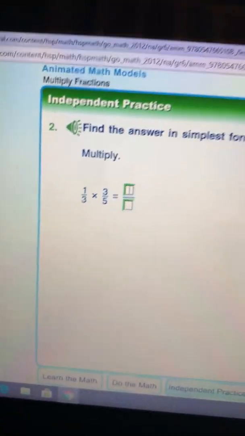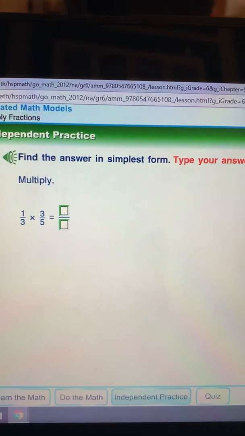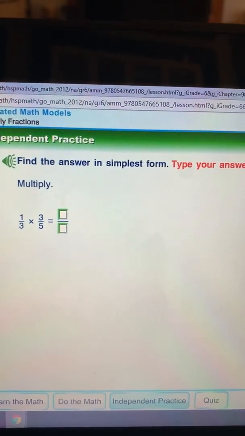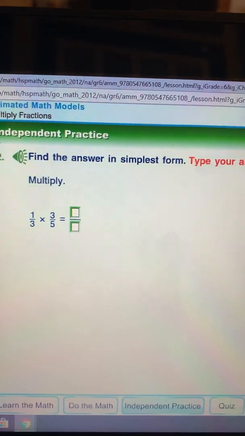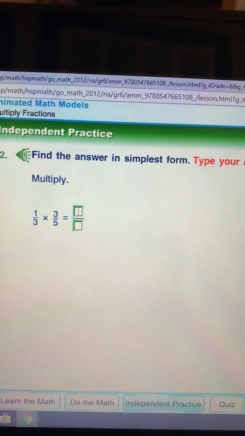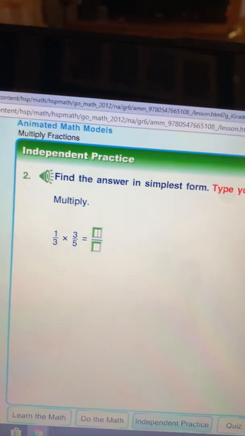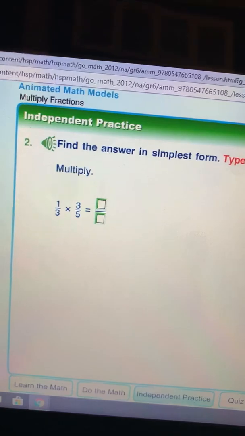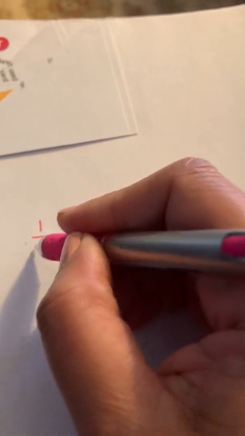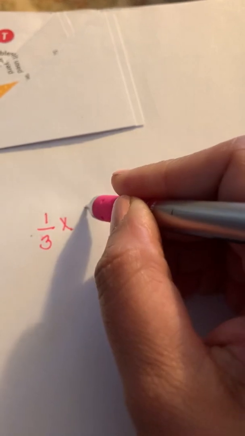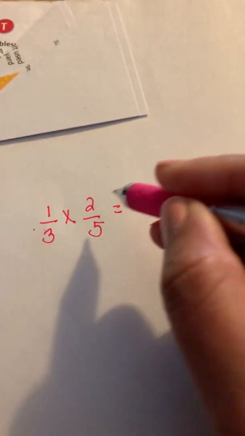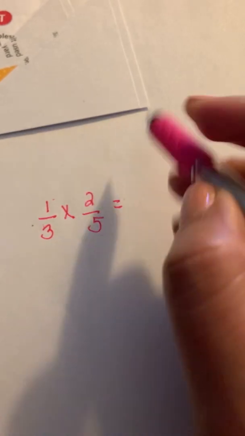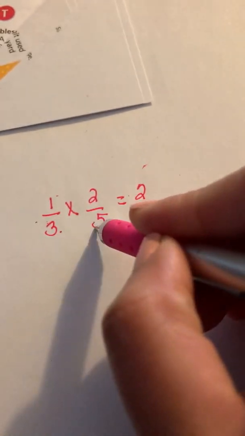Let's do another one. Okay, here's 1/3 of 3/5. And your answer is going to be 3/15, which is what I told you earlier. Let's do it here on the piece of paper so you can see what I'm talking about. I'm going to write it down, and I have 1/3 times 2/5, and you multiply straight across. 1 times 2 is 2, and 3 times 5 is 15.